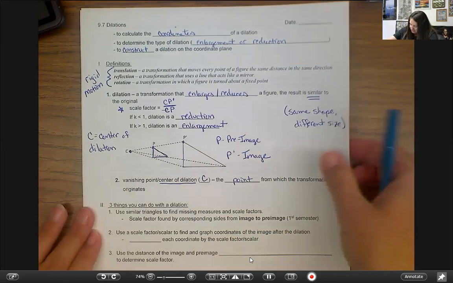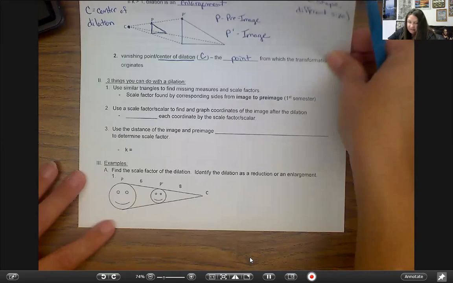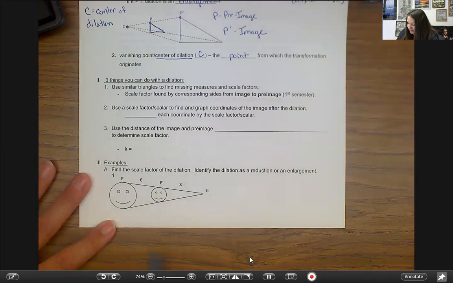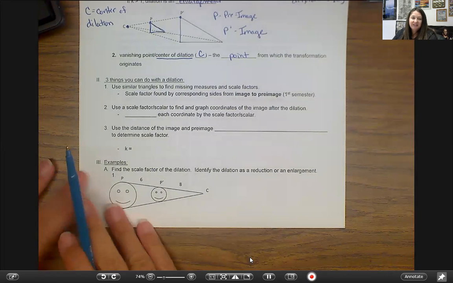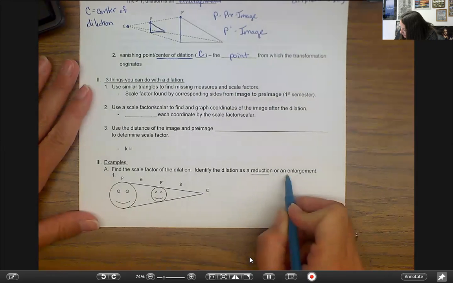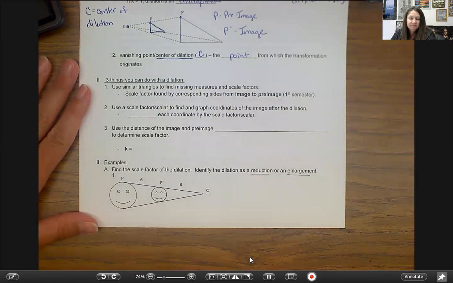All right, so if I move down here to the very bottom, to be looking at this picture of a dilation itself. The first thing that we want to analyze with this is, is this going to be a reduction or an enlargement? Well, identify a point that's on the original figure and compare it to its corresponding point on the image.